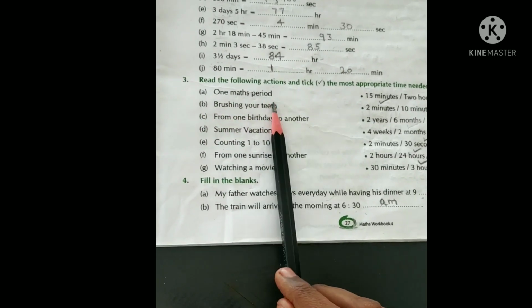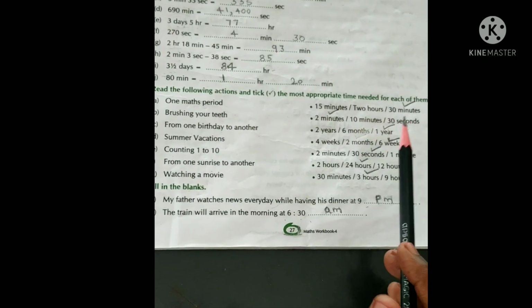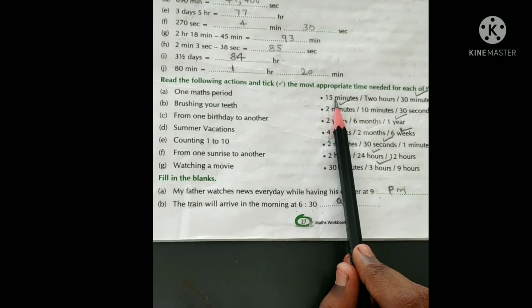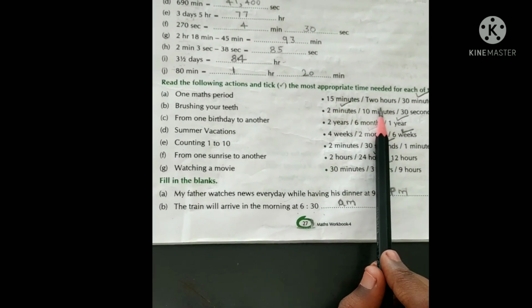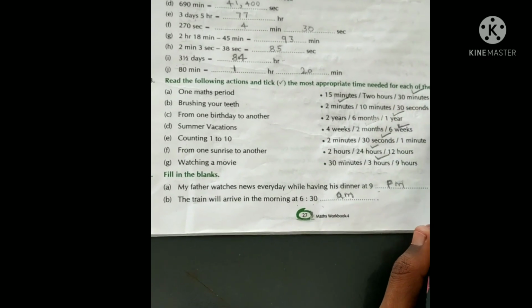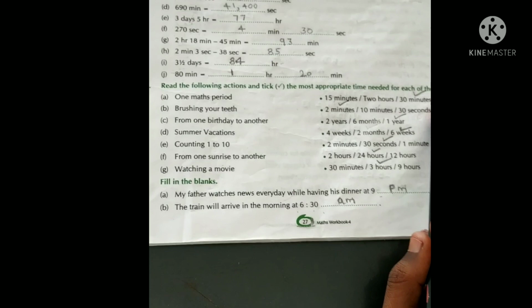For 1 maths period, how many minutes do we need? 15 minutes? Within 15 minutes, will maths class be finished? No. We need more time. 2 hours? No. We don't want that many hours. Now we want 30 minutes. To complete 1 maths period, we need 30 minutes. Understood?